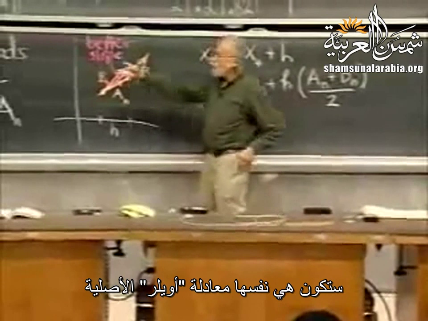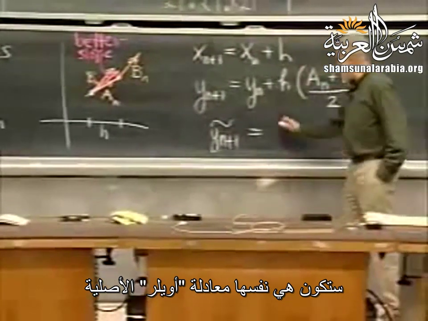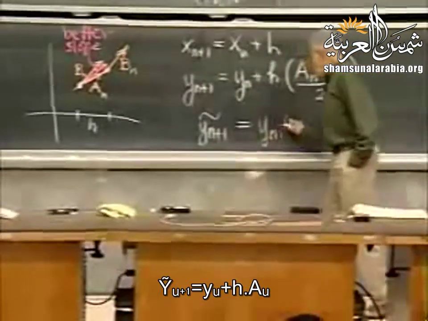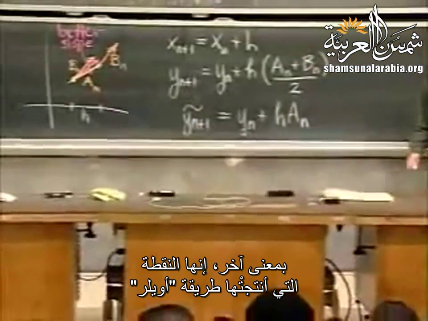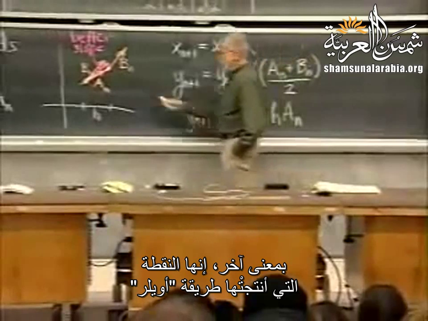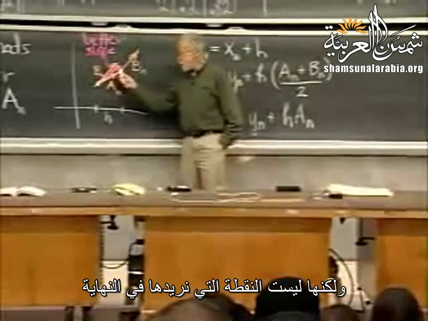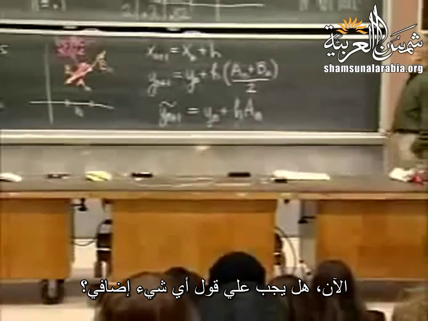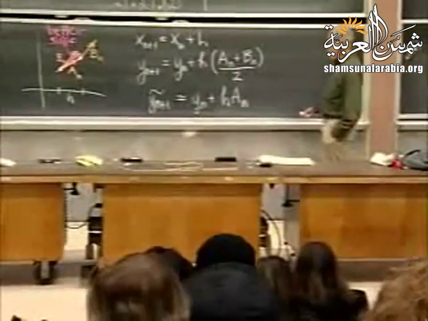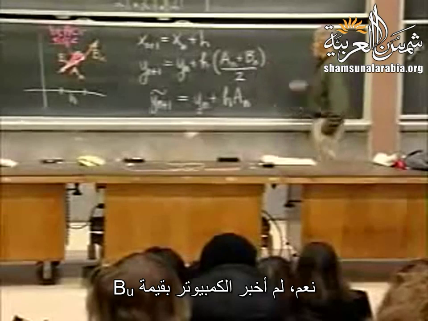Well, it's just going to be the original Euler formula: yn plus what you would have gotten if you had calculated it. In other words, it's the point that the Euler method produced, but it's not finally the point that we want. Now, do I have to say anything else? Yes, I didn't tell the computer what bn was.